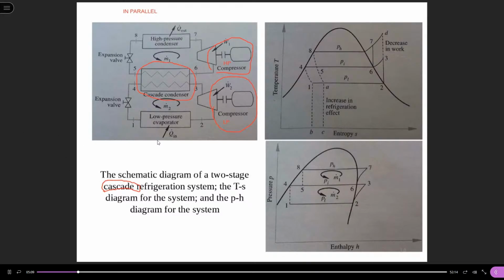However, for the high pressure loop, it serves as the evaporator. So there is no direct contact of the working fluids in the two loops.